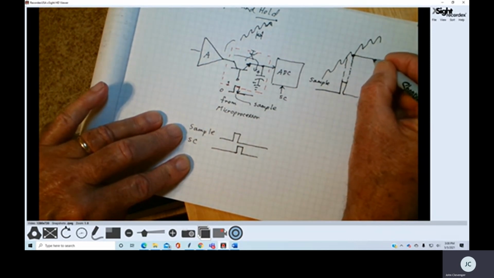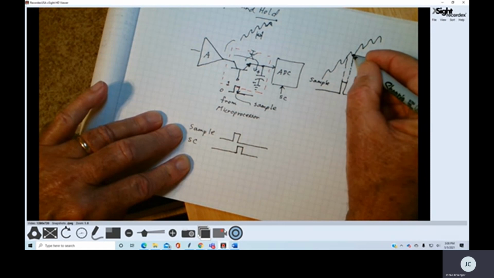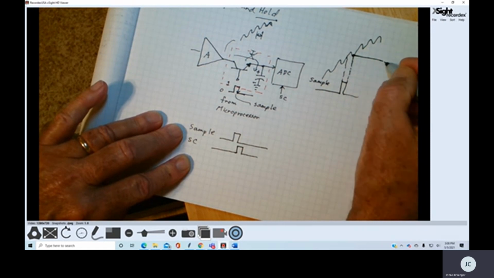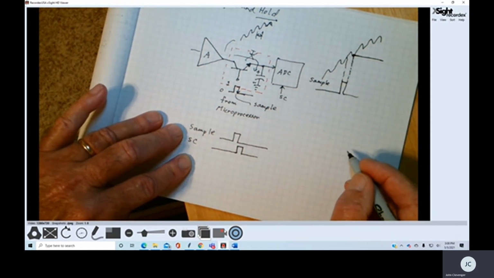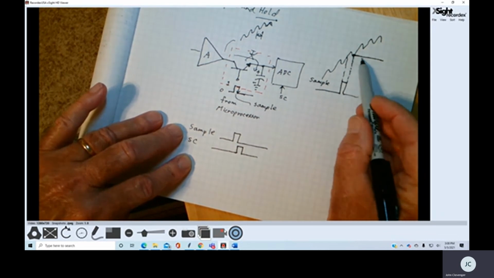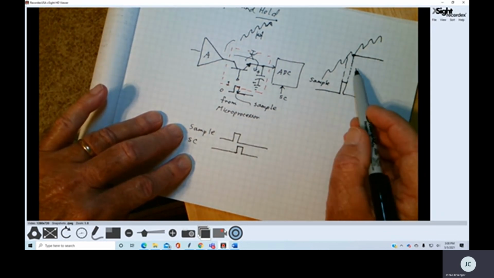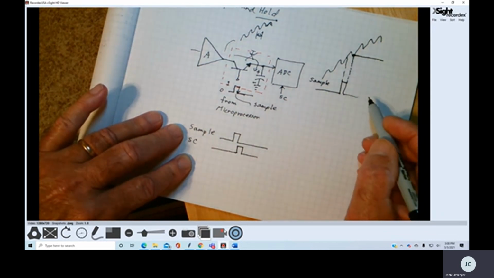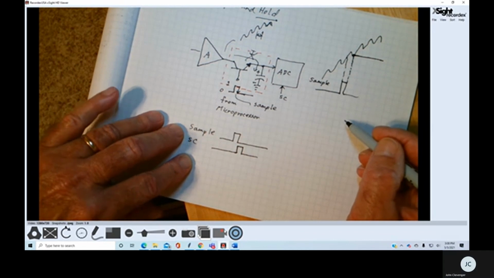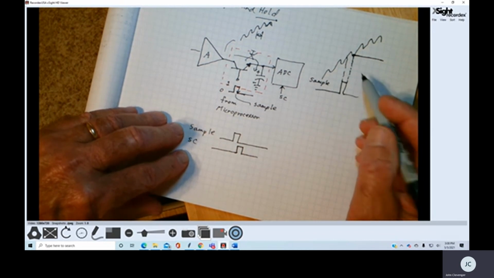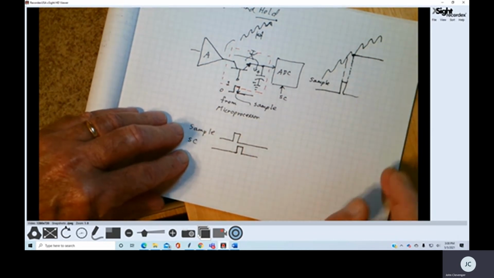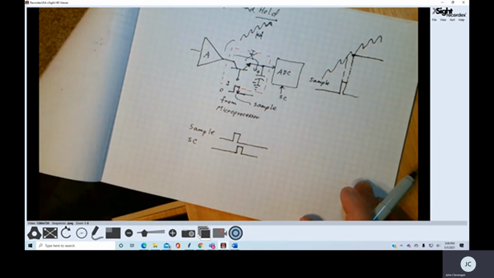So regardless of what's happening at the input, we're going to hold this voltage on the capacitor. And we've got, again, a nice constant voltage to be applied to the ADC. So we don't have to worry about any noise issues coming into the analog to digital converter.